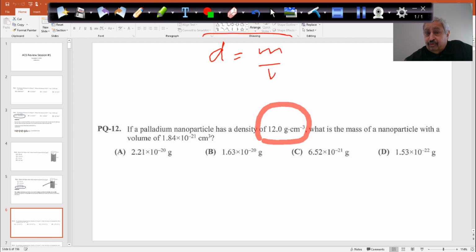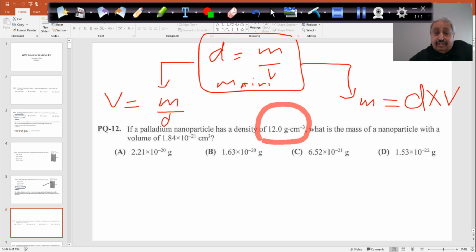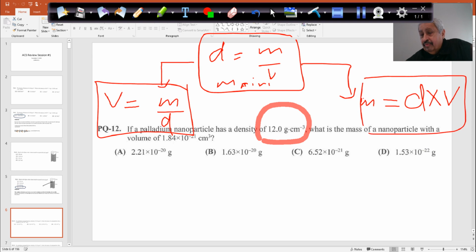This I call the main formula, and then you have two sub-formulas coming out of this main. One sub-formula is the mass, which will be cross-multiplied: density multiplied by the volume. And the other sub-formula is volume, mass over density. So out of the main, I have two sub-formulas.